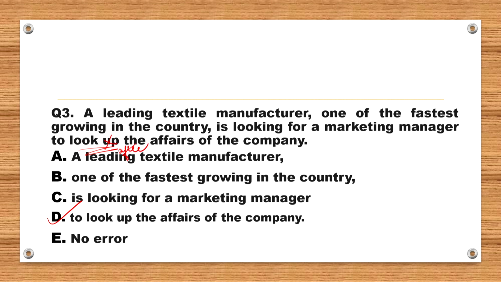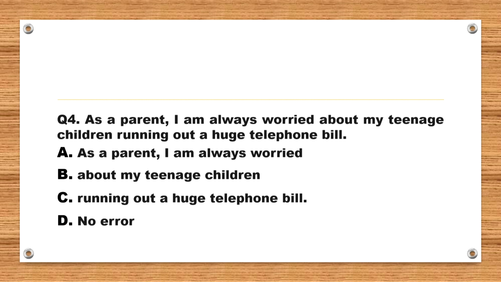Look after means to take care of. Since the marketing manager has to take care of the affairs of the company, we will use look after. Hence, the correct sentence should be: a leading textile manufacturer, one of the fastest growing in the country, is looking for a marketing manager to look after the affairs of the company. Fine, is it clear? Now, moving on to our next question.